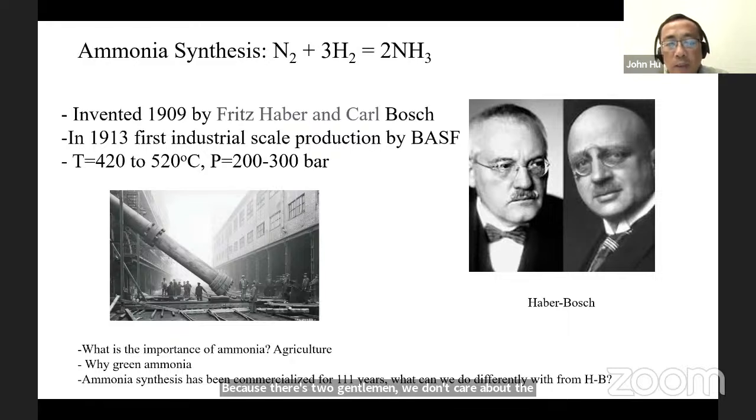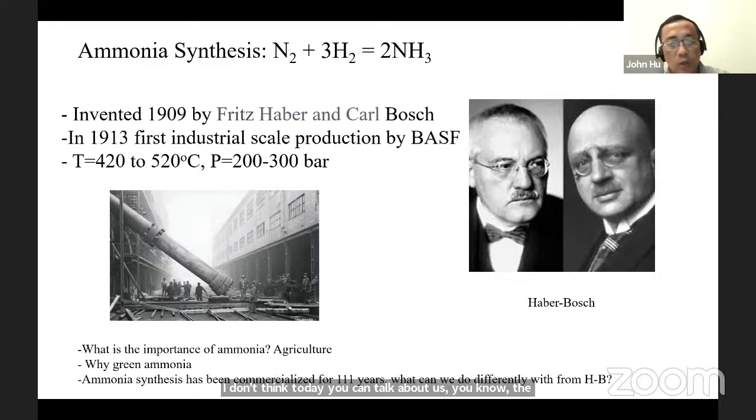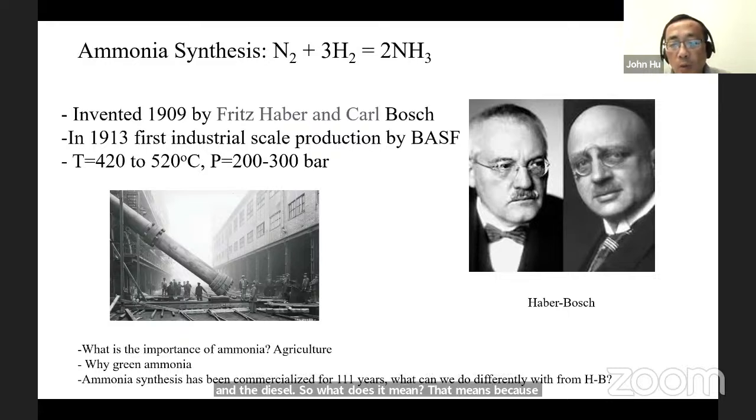I don't think today you can talk about a shortage of food. I'm not sure about India, China. But in the US, actually we turn food into fuel. Let's say corn, 70% of corn is made into gasoline and diesel. So what does it mean? That means because per acre there's so much ammonia or fertilizer applied, they grow fast.